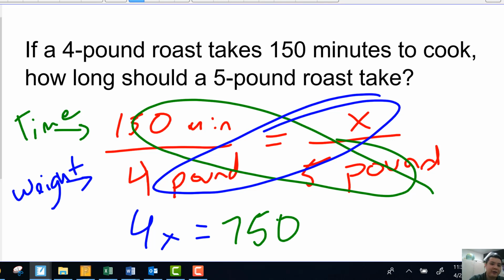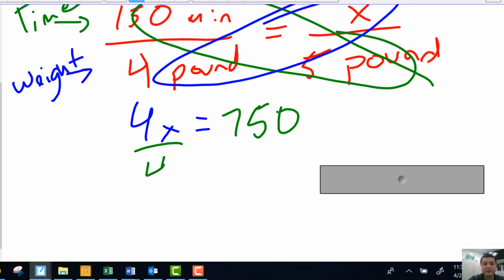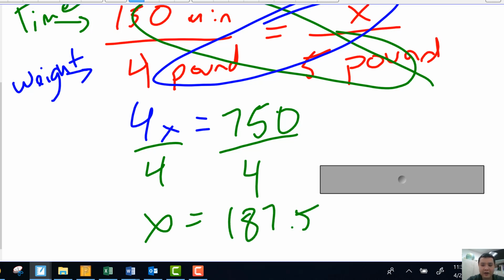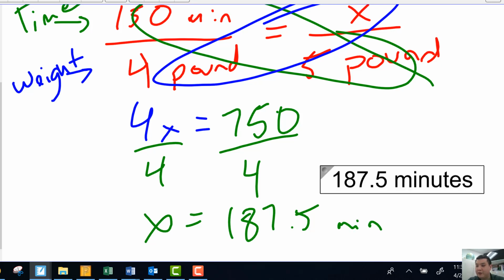So therefore, we're going to divide both sides by 4. We find that x equals 187.5 minutes. Okay, 187.5 minutes.